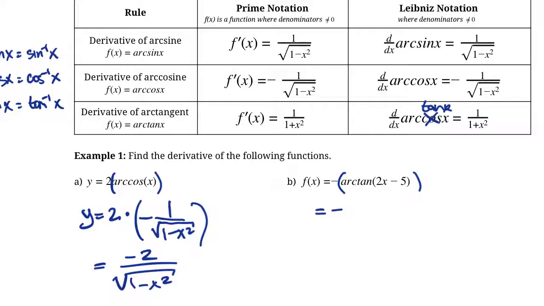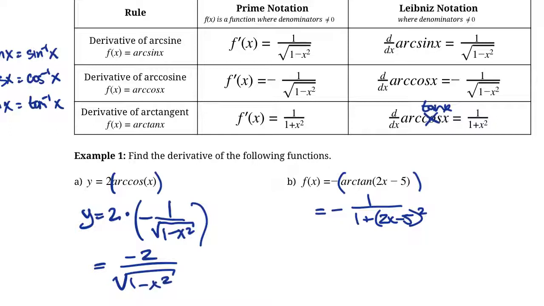So the derivative of arctan of something is just 1 over 1 plus x squared. Now, instead of the x, what we actually have is this 2x minus 5 squared, right? It's like I just replaced this x here with the 2x minus 5, the thing inside the arctan.